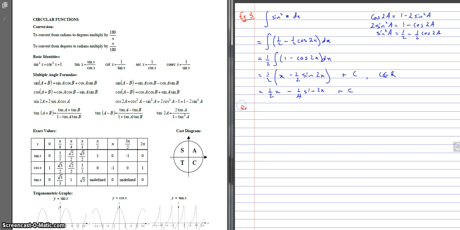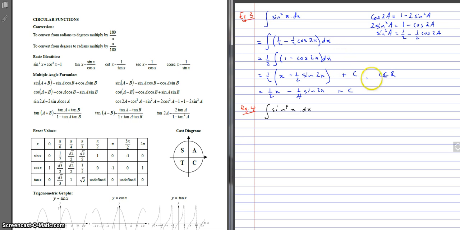Let's look at another one. This time, the integral of sine to the power of 4x. Again we need to use another method, and so we're going to utilize some of these formulas which we've been given.